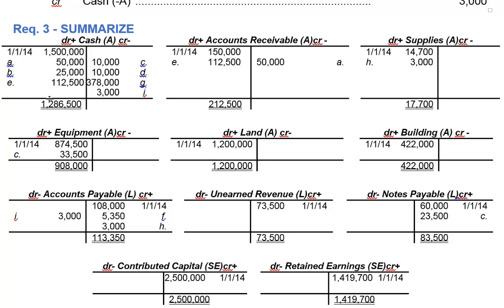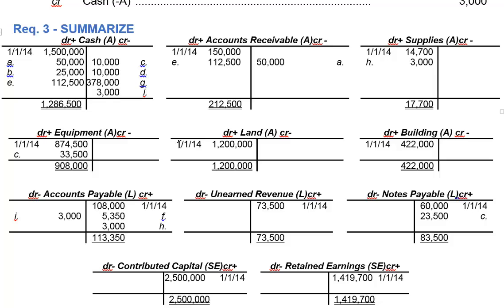So now what we do is we come up with ending balances for each of the accounts that we have. You'll notice here for an account like cash, we added up all the debits and reduced it by the total dollar value of all of these credits. And that left us with a net debit balance of $1,286,500.